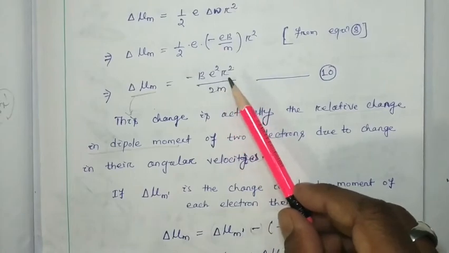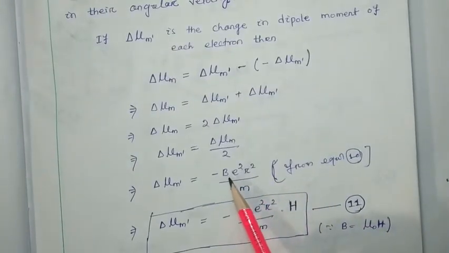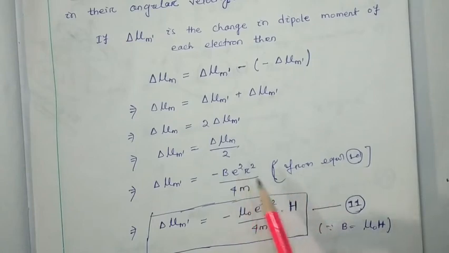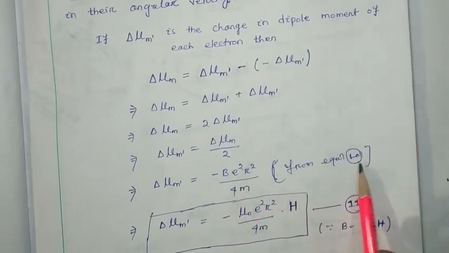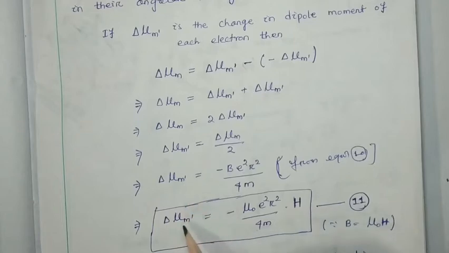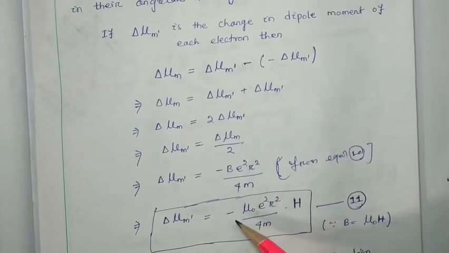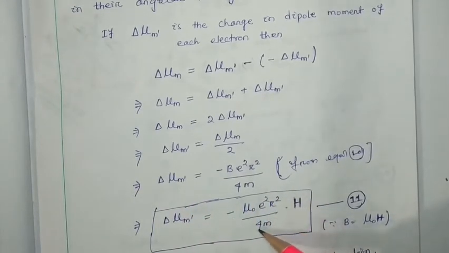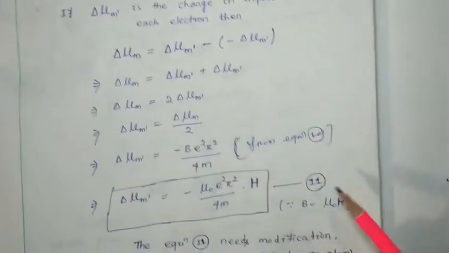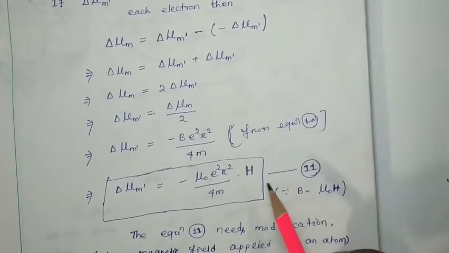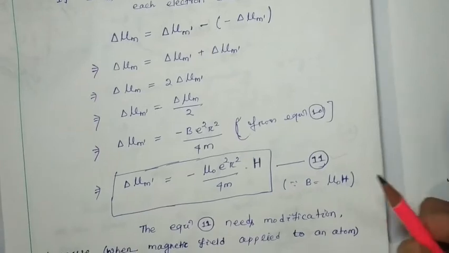We just have to substitute over here. We find minus b e square r square by 4m, substituted from equation number 10, and we get del mu m dash equal to minus mu 0 e square r square by 4m into h, because b is nothing but mu 0 into h. Let this be equation number 11.